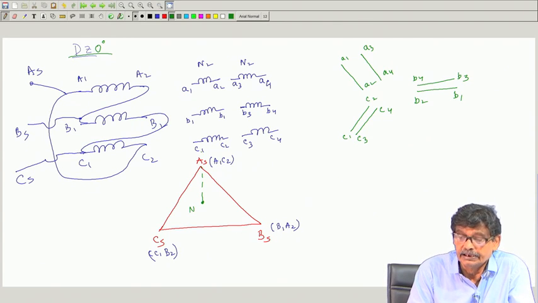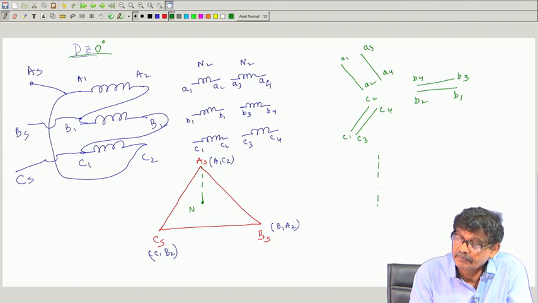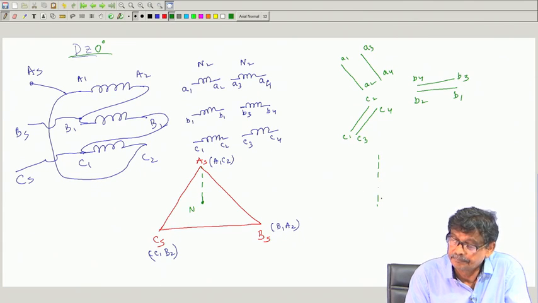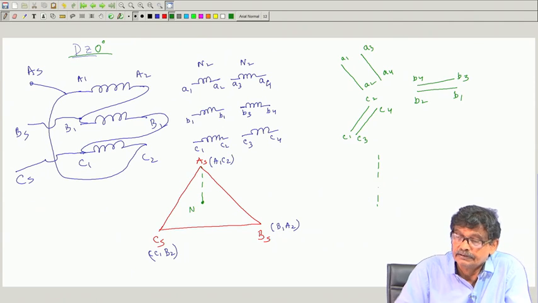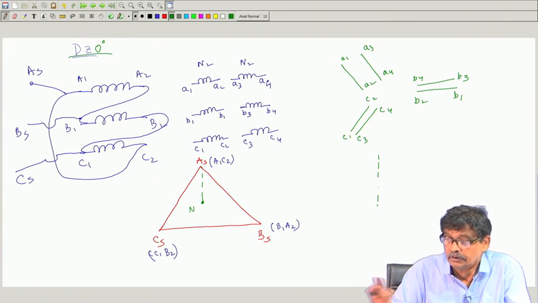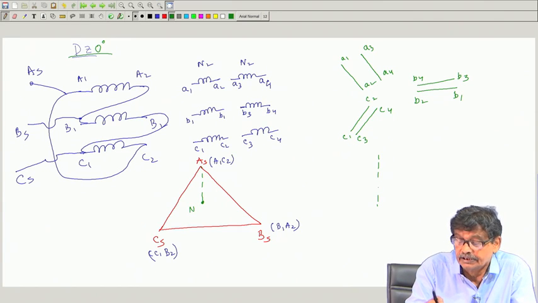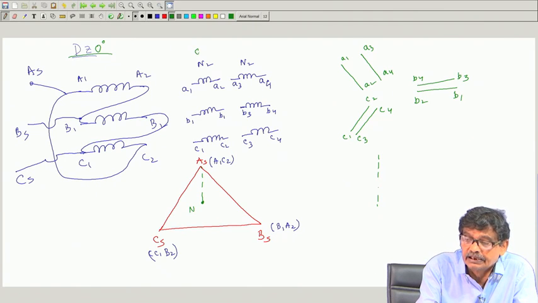The secondary side voltage will also be in phase with this, parallel to this A phase voltage of the secondary side. Zigzag connection means star connection. Two coils belonging to two different phases are to be connected in series. One should be taken from group 1, the other from group 2, the same rule.